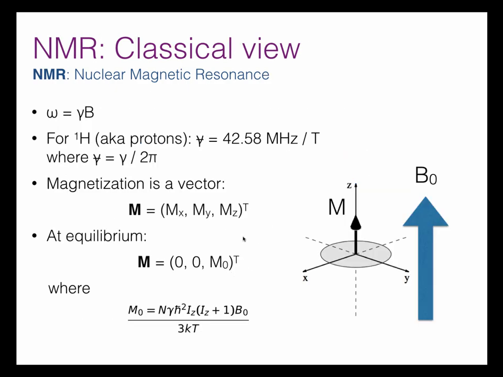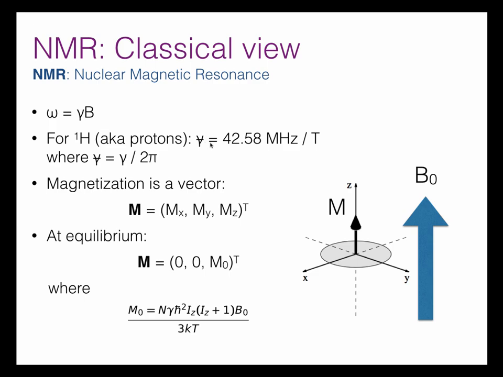Okay, so for protons, or hydrogen nuclei, people will often say that gamma is 42.58 megahertz, but technically, of course, that's not an angular frequency. That's sometimes referred to as gamma bar, which is gamma over 2 pi.